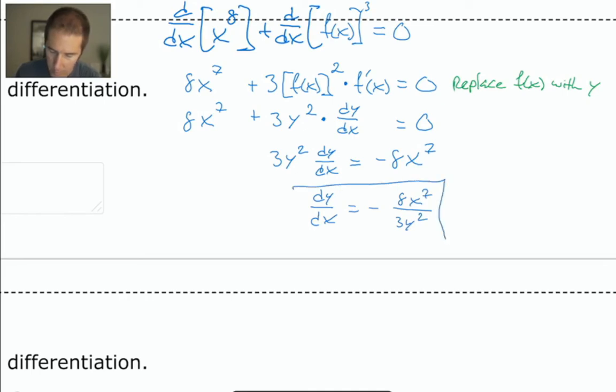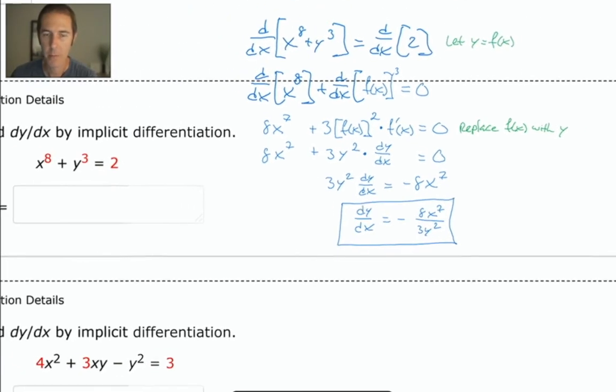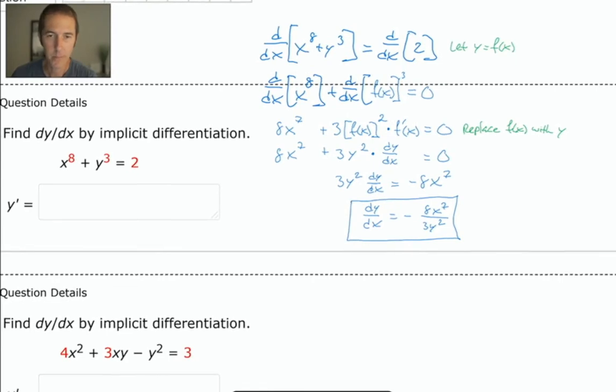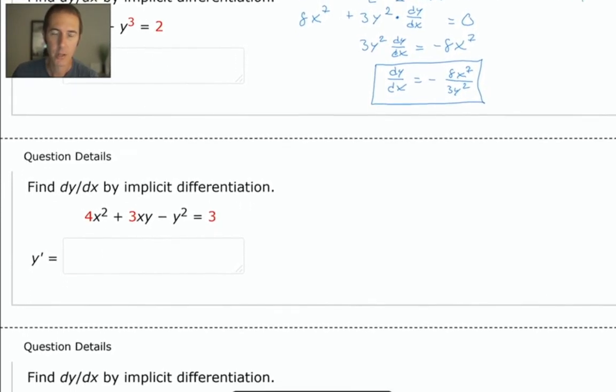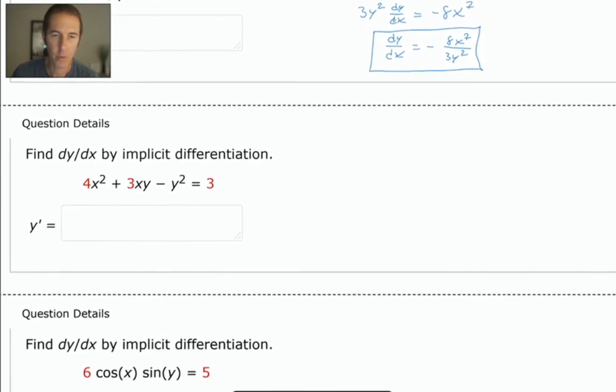And we've done it. Ladies and gentlemen, we have performed implicit differentiation. Again, I think the biggest challenge for you is getting used to the fact that y is a function of x and therefore requires that we use the chain rule. But that's it. That's the biggest challenge in implicit differentiation, is remembering to use the chain rule.